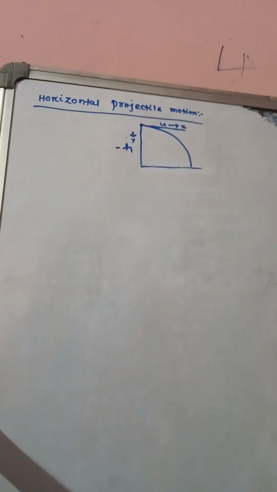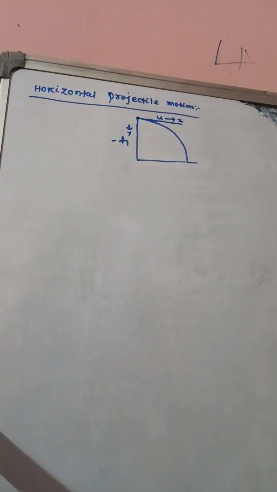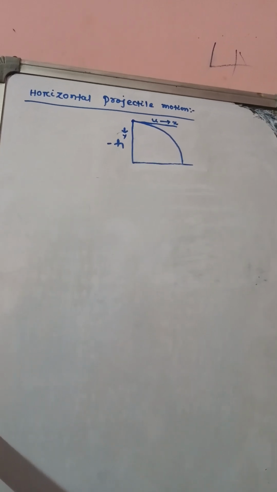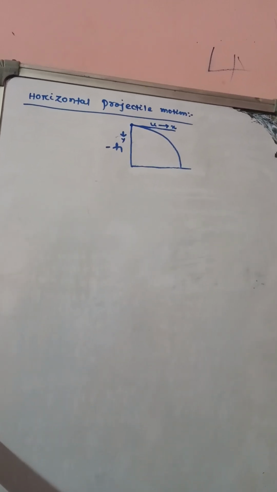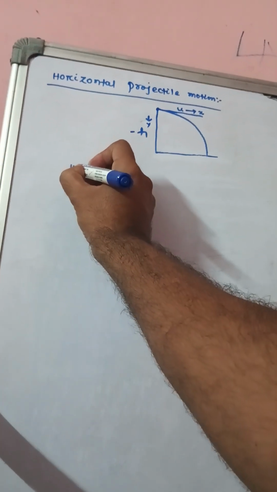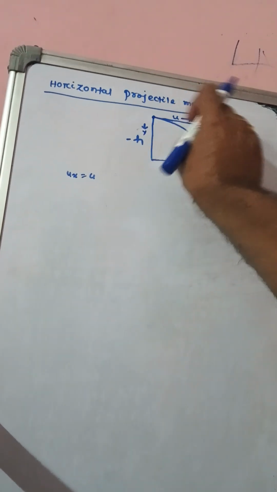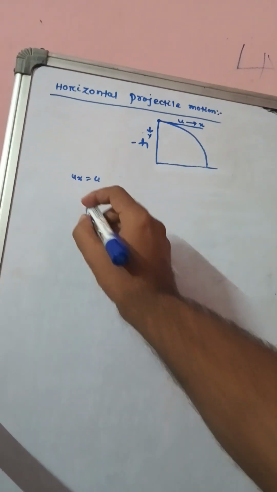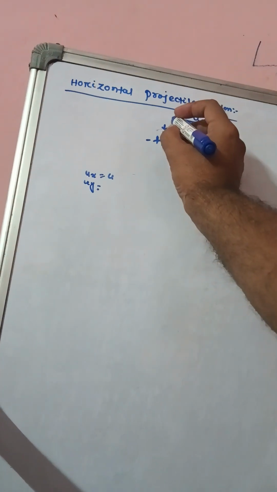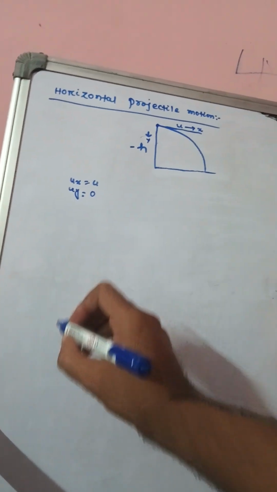The projectile moves under the action of uniform and non-uniform velocity acting perpendicular to each other. So ux is equal to u, the initial velocity along the x-axis. Along the y-axis, when it starts from this point, uy will be 0.